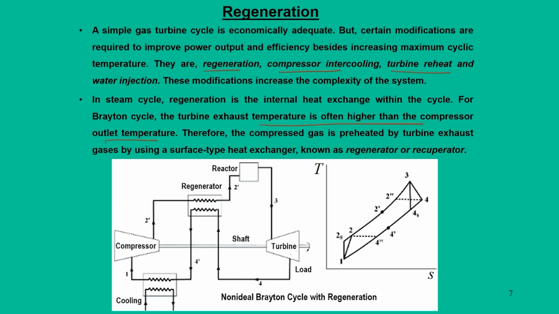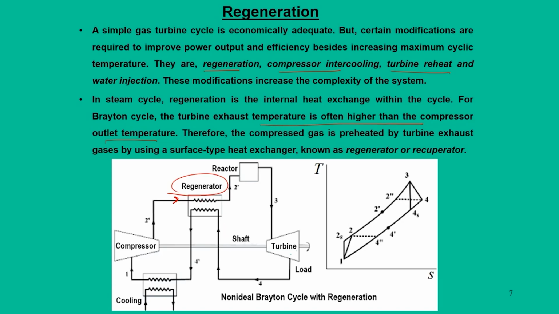To do that, instead of releasing the turbine exhaust to the atmosphere, we use a regenerator. If you look at this particular cycle, there are two fluids. High pressure compressed air enters the regenerator, but that is not at a very high temperature.